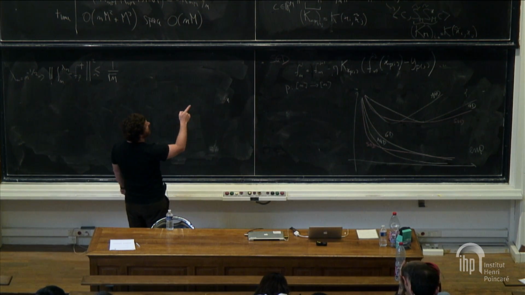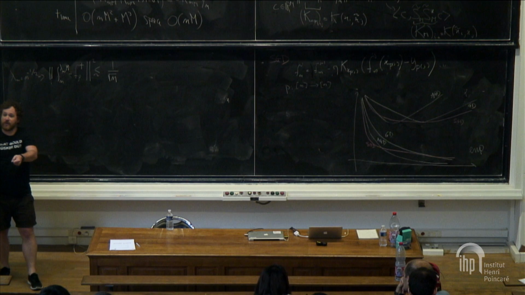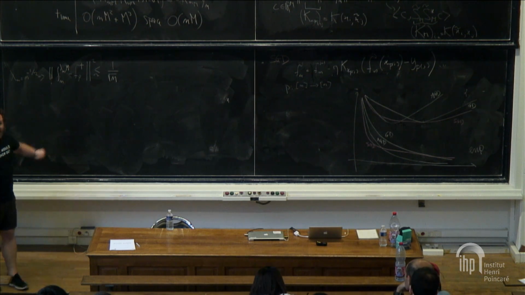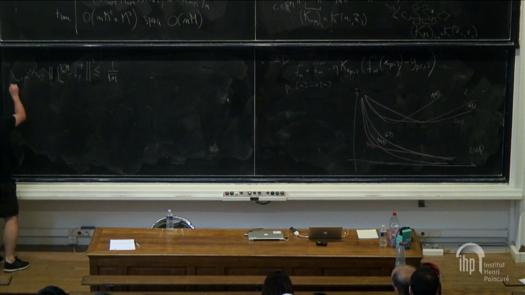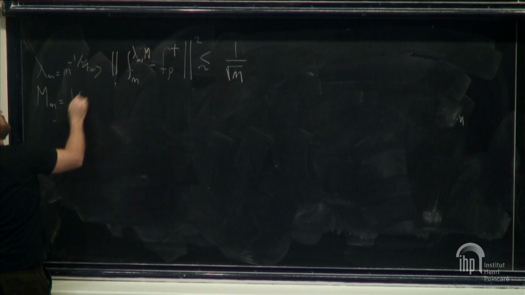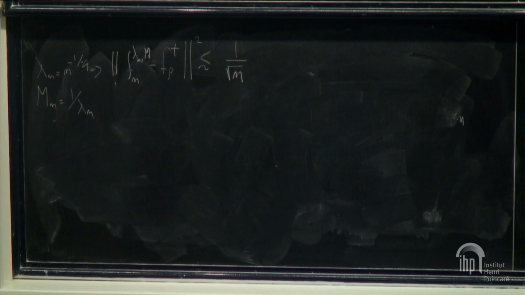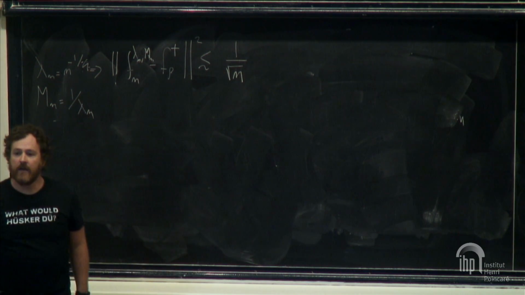I want to call f lambda m the solution that I obtain after my projection on the first m columns. So you have to choose lambda and the number of columns now. f lambda m is the solution of that reduced linear system. And the result here says that if you pick m of order 1 over lambda, you're good to go. You get exactly the same result.